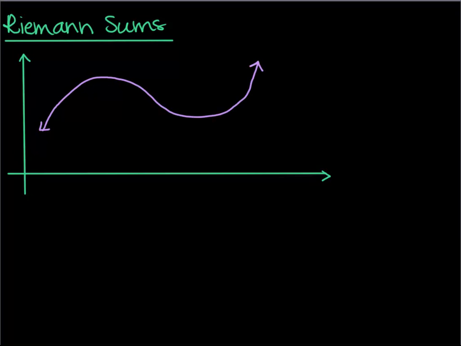Again, it's a shape that I can't easily find the area of. So let's say I want to find the area between A and B. We'll just go ahead and do a straight line from A to B, okay, and I want to find that area underneath the graph.